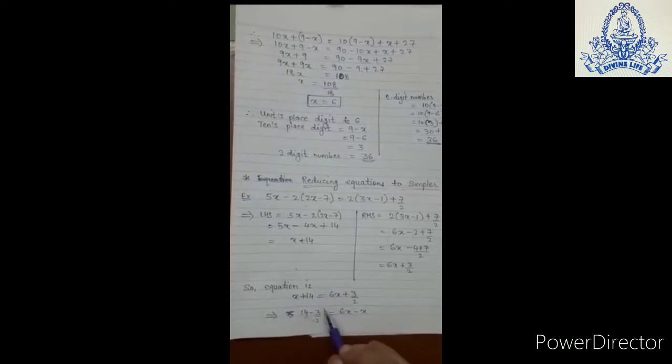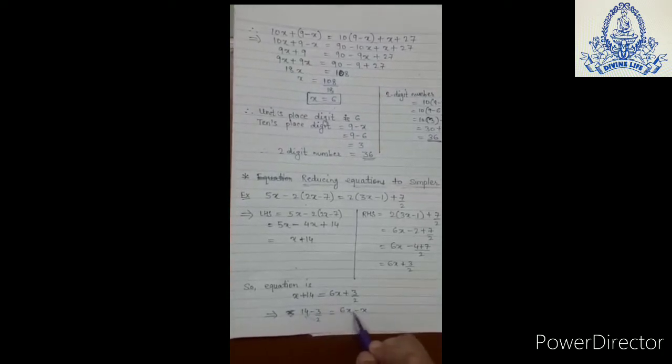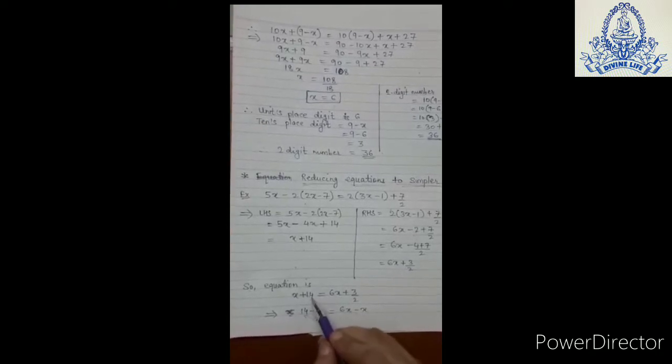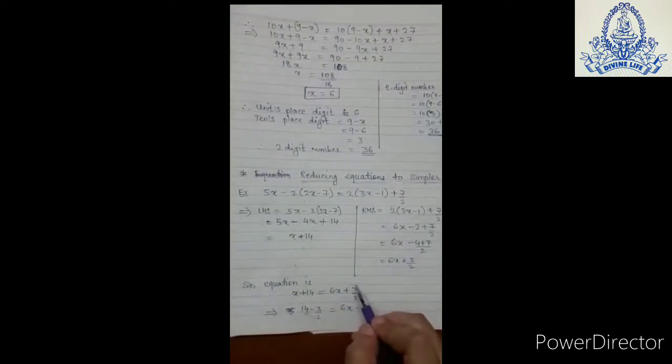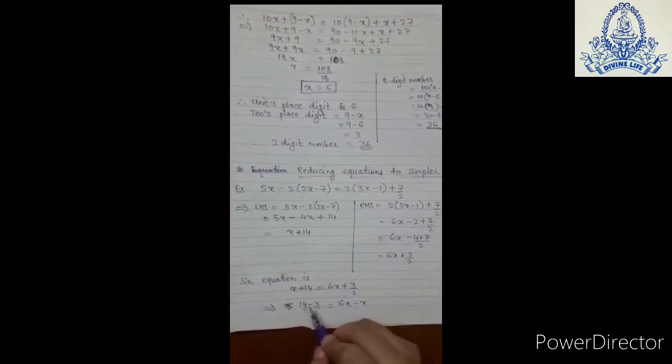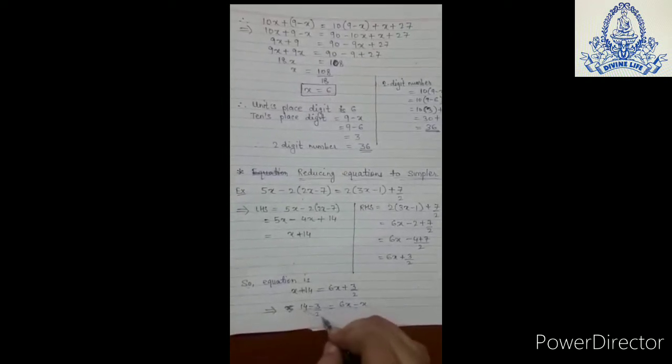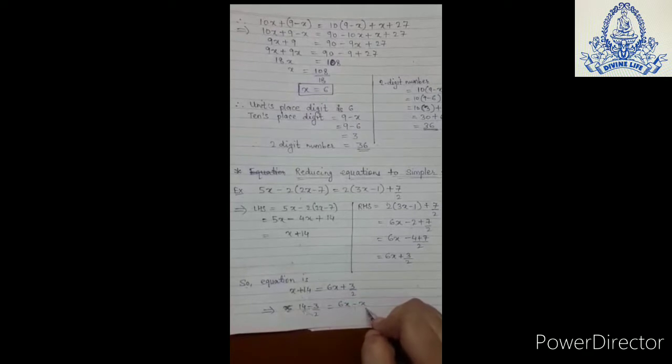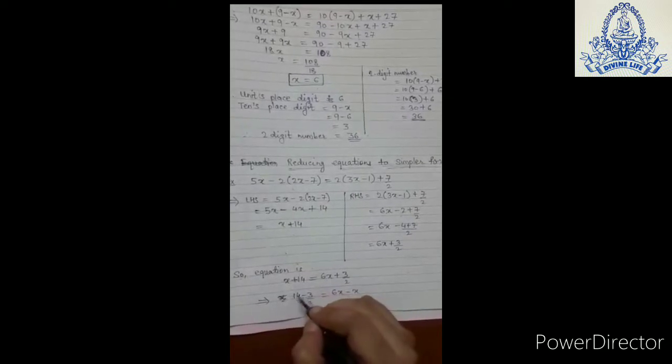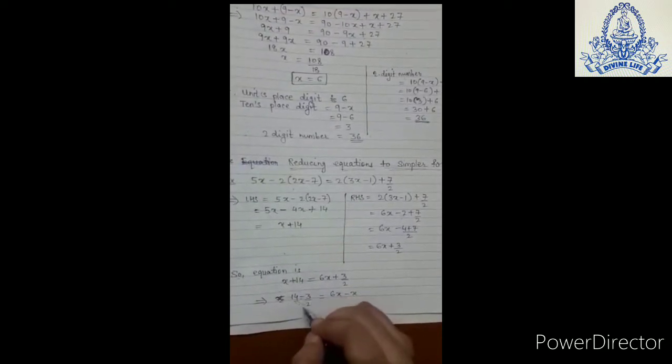See, now we have come to our equation where on both sides variables are present. Okay. So bring this x term on one side and constant on another side. So here it is 14. So bring this plus 3 upon 2 on left hand side. It will become minus 3 upon 2. Okay. 6x minus x. Okay. Now see here. Now see, after multiplying this 2 to 14, what will it become? 28 minus 3 upon 2.